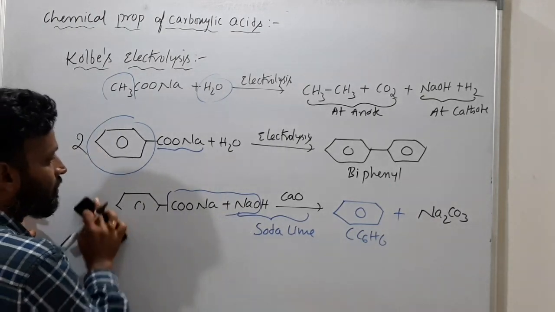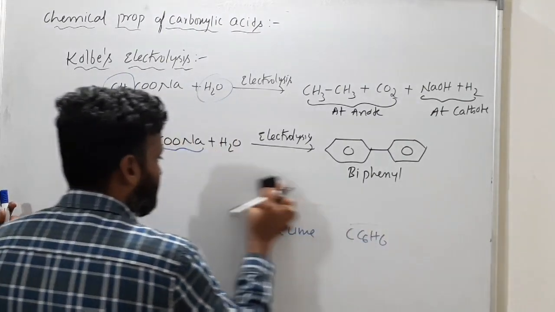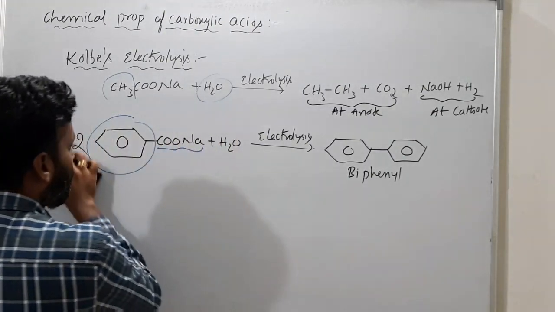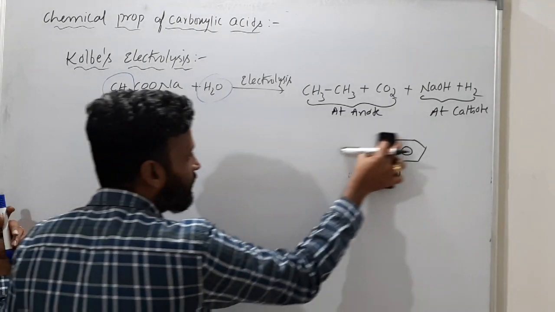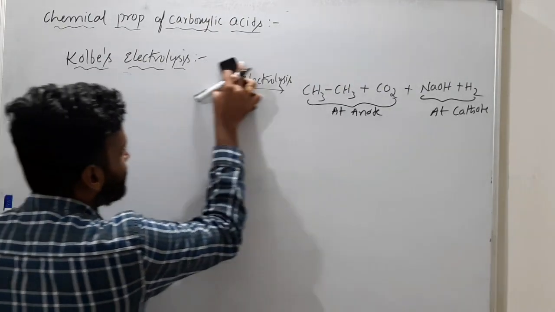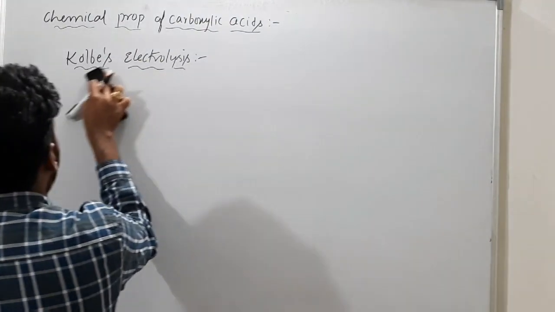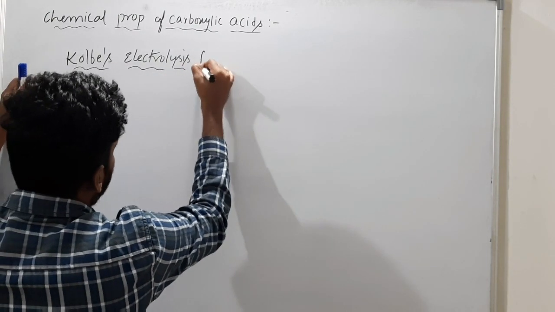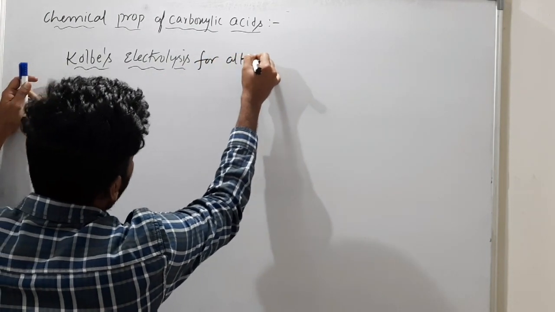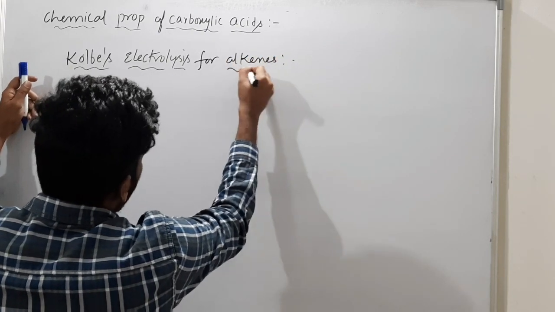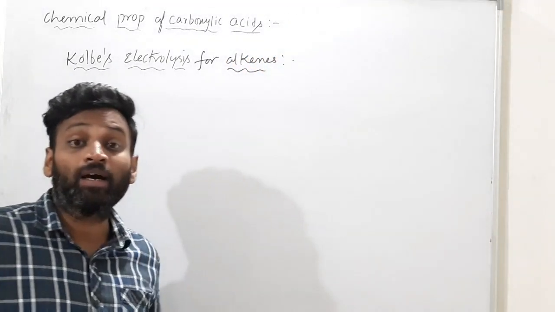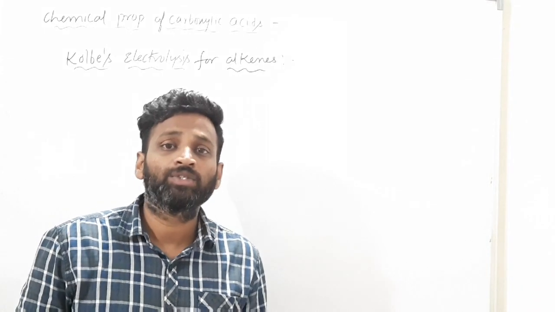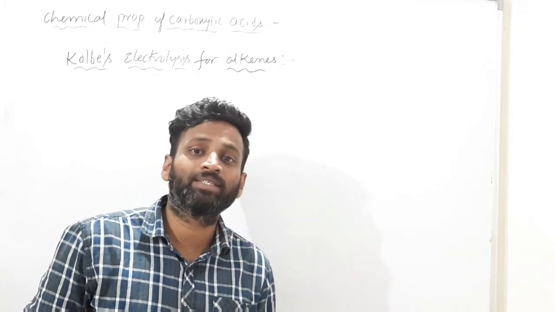Now Kolbe electrolysis for alkenes. Kolbe electrolysis for alkenes and alkynes we will see. So for alkanes we discussed. Now Kolbe electrolysis for alkene preparation. For these alkenes and alkynes, we have to take salts of carboxylic acids.